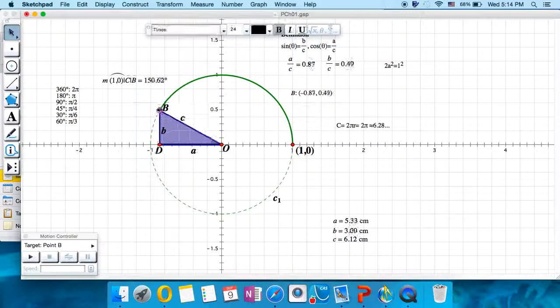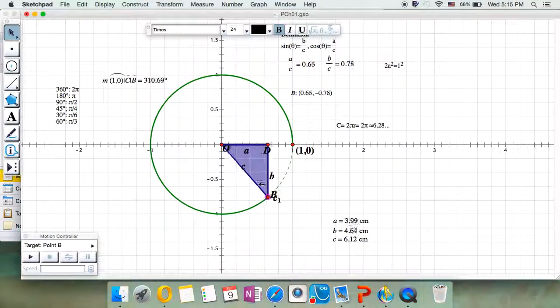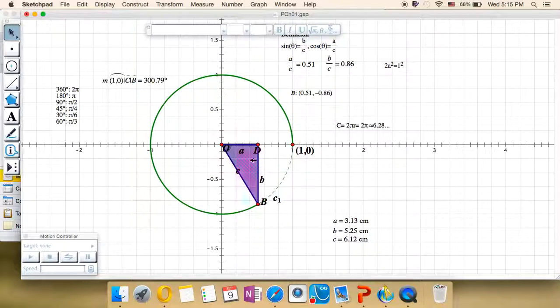And if you go around the circle, if it hits 1, then a over c, which is the cosine, is 1, and b over c, which is sine, is almost 0. If you pass that, the sign changes, but it's pretty much the same. So here's a 60 degrees, 30 degrees triangle, which is basically the same as the other special triangle, half of an equilateral triangle.